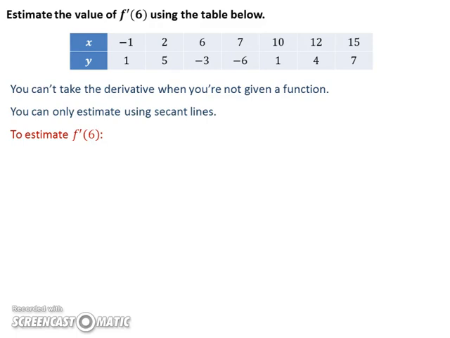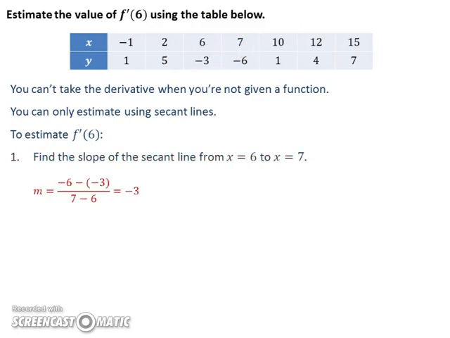You find the slope of the secant line between 6 and 7. That's just the average rate of change formula, the slope formula that you've been using. That would be the difference of the y's, -6 minus -3, over the difference of the x's, 7 minus 6. This is the y2 minus y1 over x2 minus x1 equation.